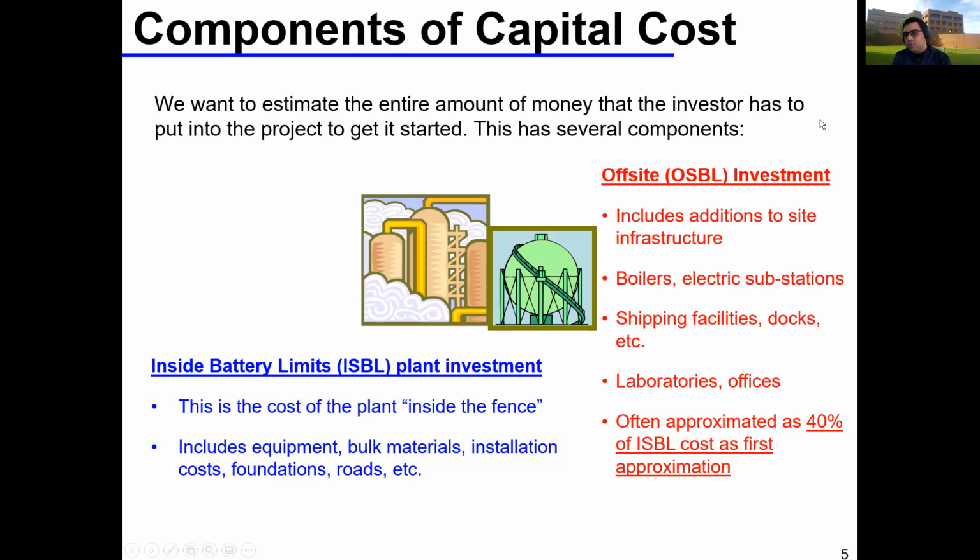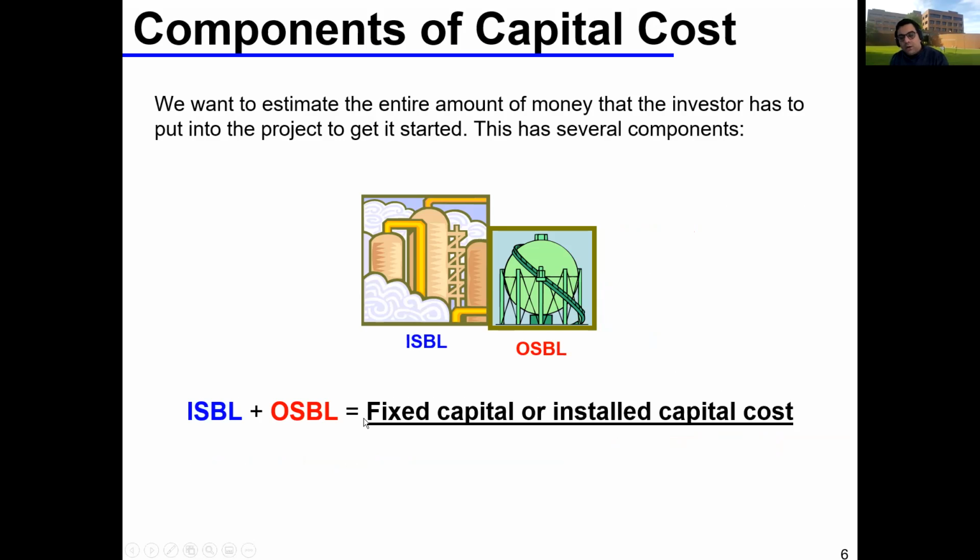And this is important to be able to account for when doing your capital cost, because if you only calculate your inside battery limits, you're going to underestimate your number. So again, the sum of your inside battery limit and offsite battery limit is called your fixed capital or installed capital cost. And this is your overall cost of all the plant inside and outside the plant.